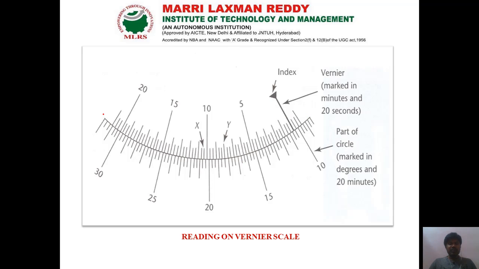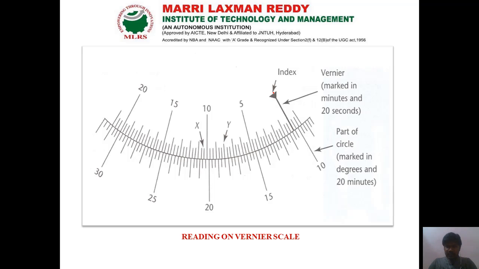Next, these are the graduations likely to be found in our instrument, whether it is Vernier A, Vernier B, Vernier C or Vernier D; we can have this arrangement. This is called our main circle. This is our main scale, and this is our Vernier scale. Now, how do we read the readings? For example, this is our index.